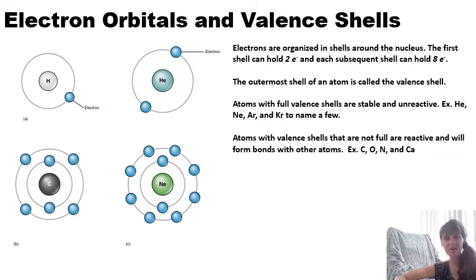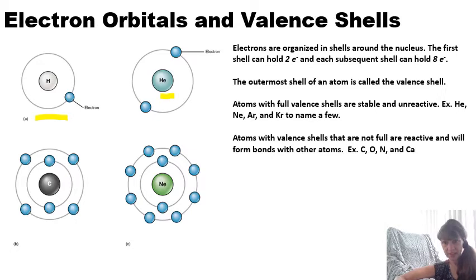Here we have an atom of hydrogen, which has 1 proton and 1 electron. To the right, at the top, we have an atom of helium. Helium has 2 protons and therefore 2 electrons.